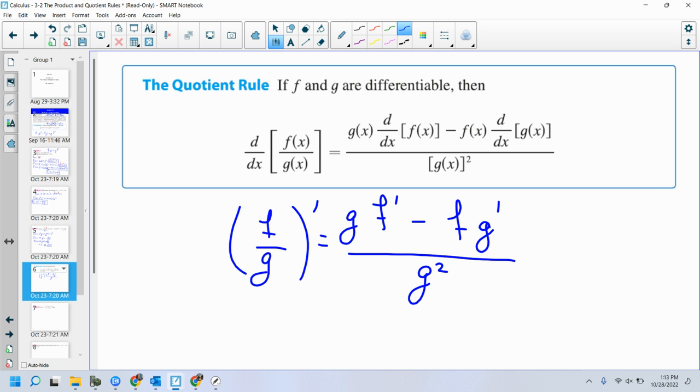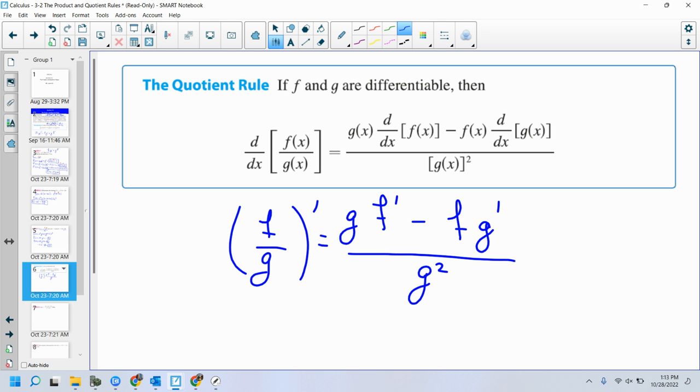If you have any friends in AP Calc, they say it like this: low d high minus high d low, over low squared. Low and high mean the original functions. They're calling f high and g low.